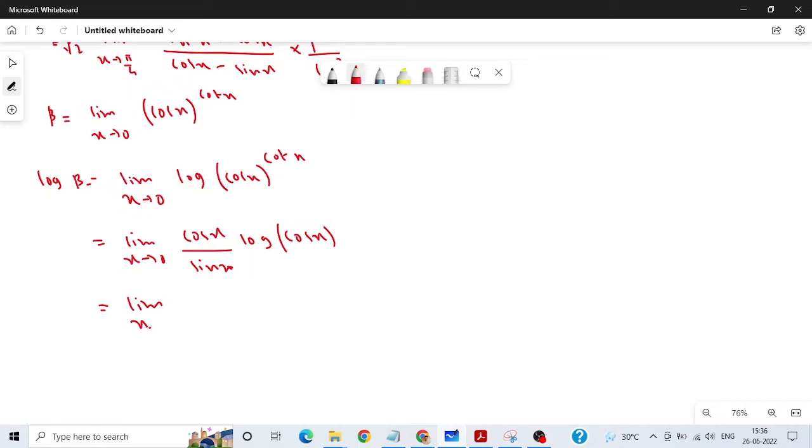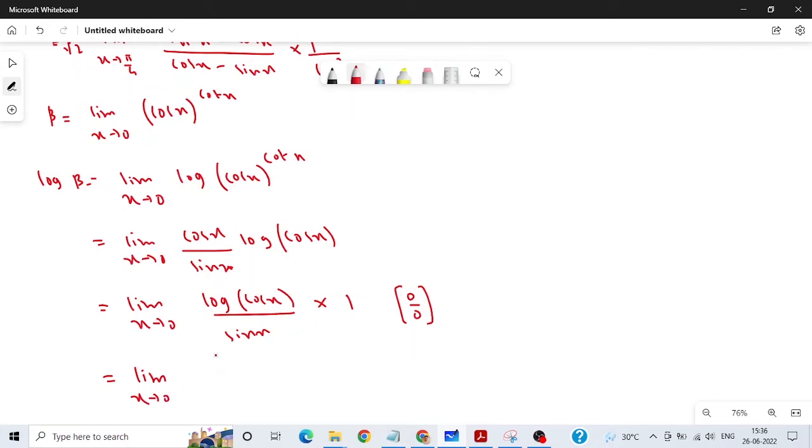So we have limit of x tends to 0 of log of cos x upon sin x, and then into limit of x tends to 0 of cos x, which is nothing but cos 0, which is 1. Now when we substitute x equals 0, cos 0 becomes 1, log of 1 becomes 0, and denominator sin 0 becomes 0. So it's a 0 by 0 form now, so we can apply L'Hopital's rule.